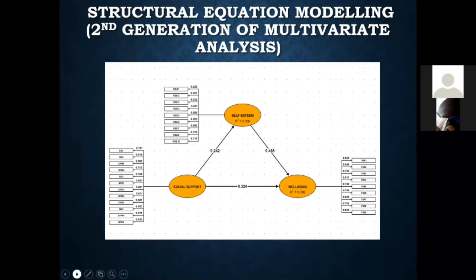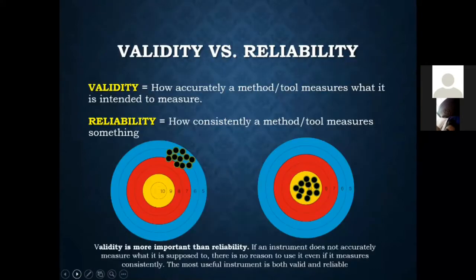Let's move on. A little bit on the definition of validity and reliability. Validity is about how accurately a method or tool measures what it is intended to measure. It is about accuracy. What about reliability? Reliability is about consistency. How consistently a method or tool measures something.